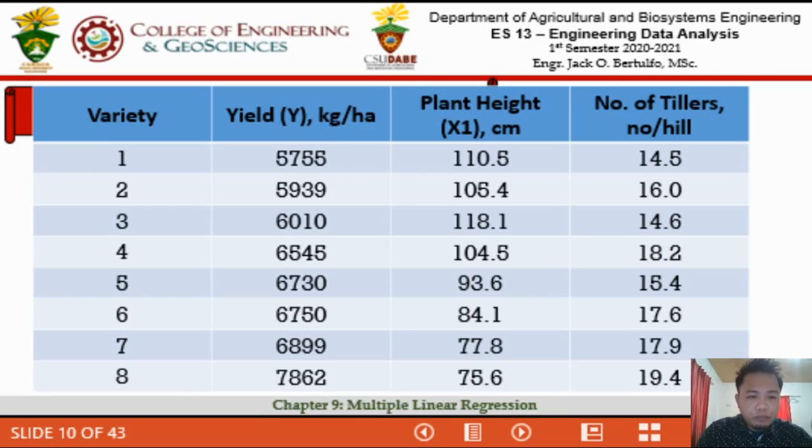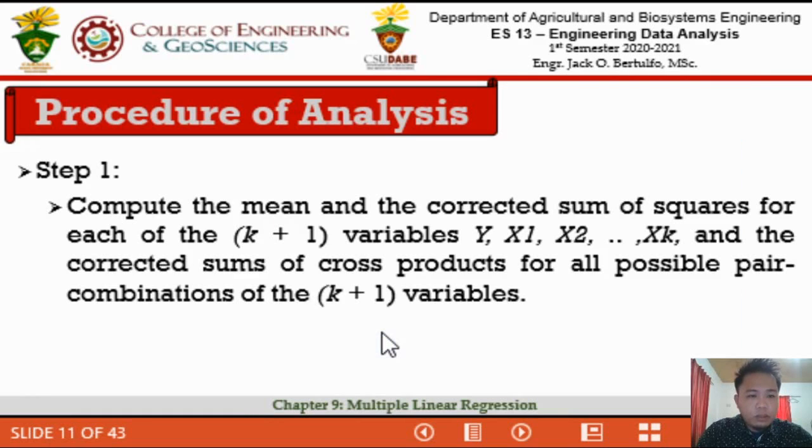So the first step is to compute the mean. We need to compute the mean and the corrected sum of squares for each variable: y, x1, x2, and so on. And the corrected sum of squares of cross products for all possible pair combinations of the k plus 1 variables.